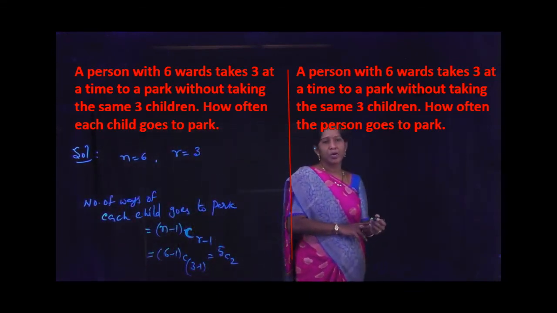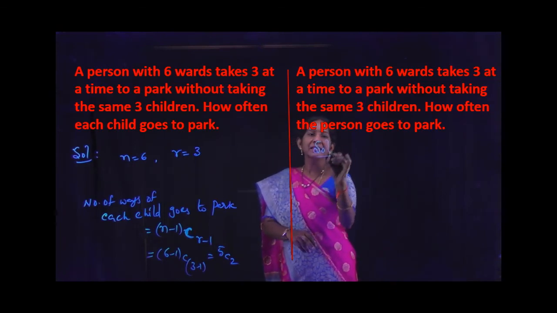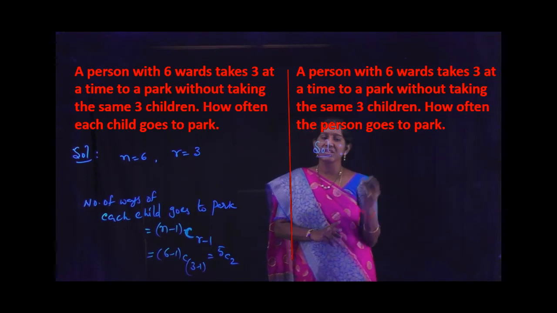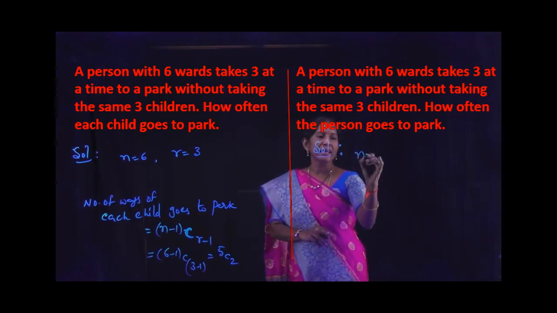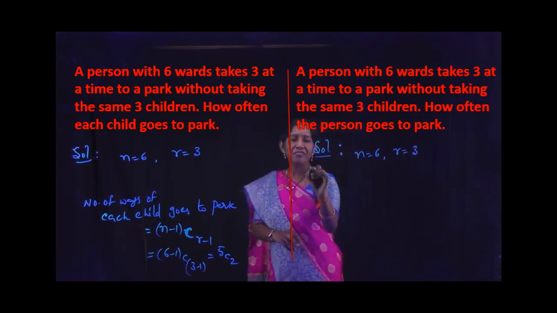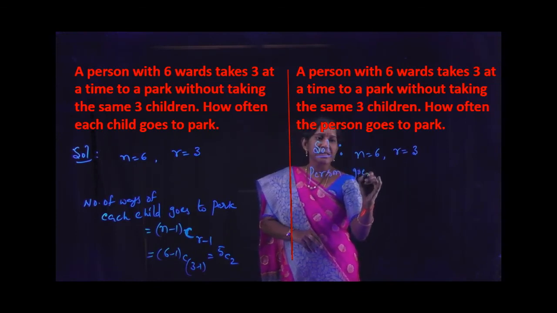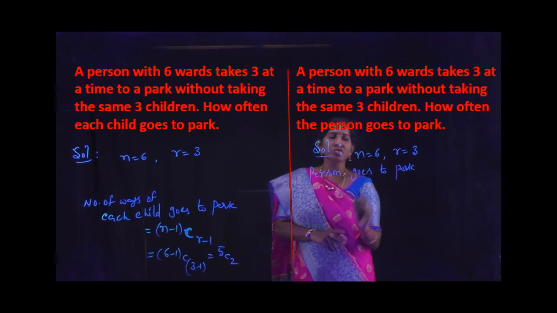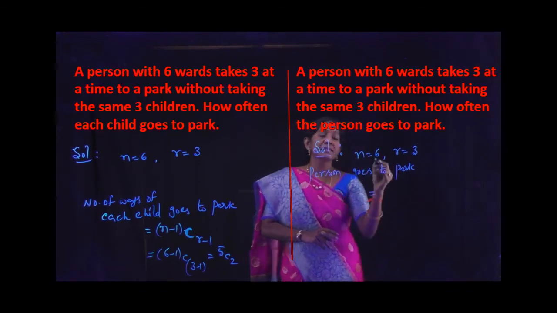See the next problem. A person with 6 wards takes 3 at a time to a park without taking the same 3 children. So n equal to 6, r equal to 3, here also given. How often does the person go to the park? The person goes to the park means selecting 3 children out of 6 in 6C3 ways.